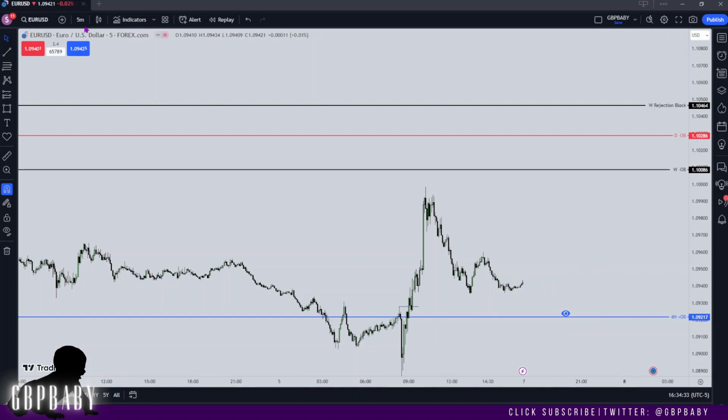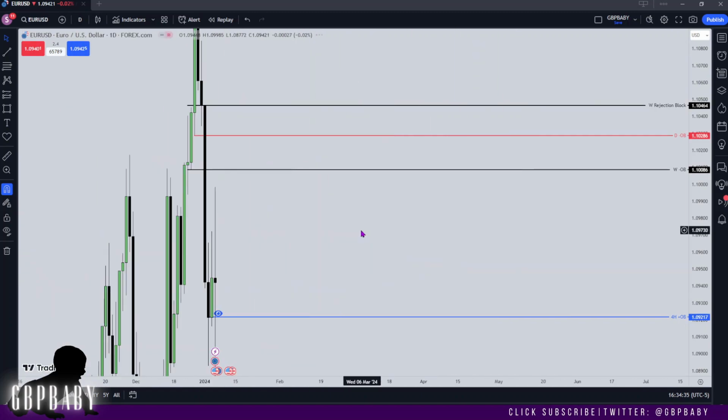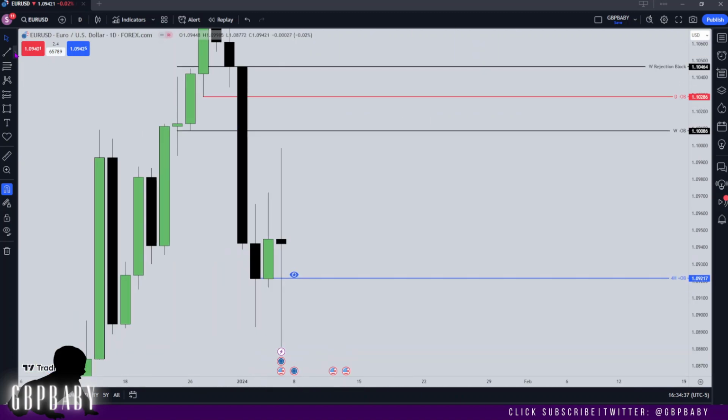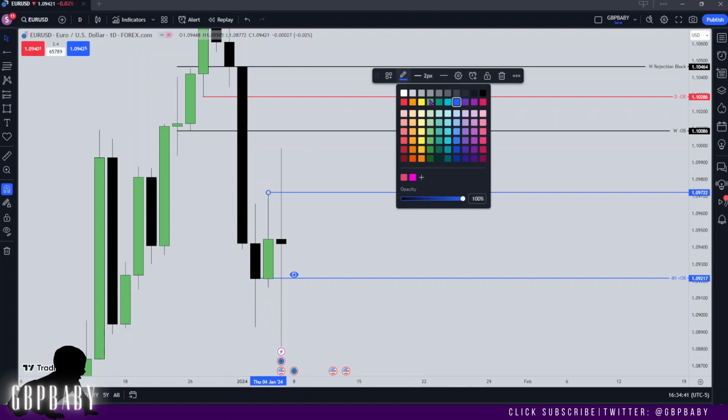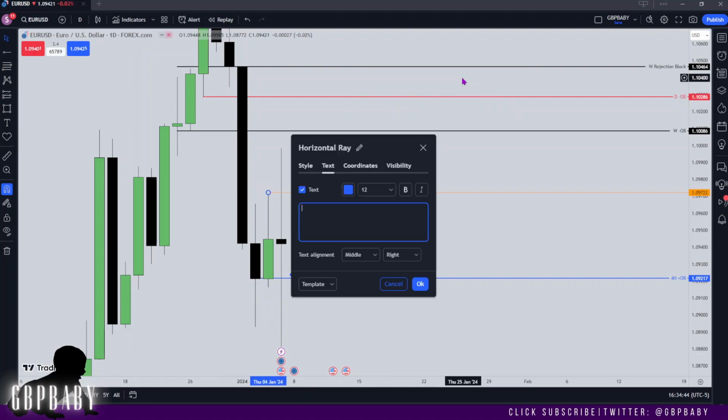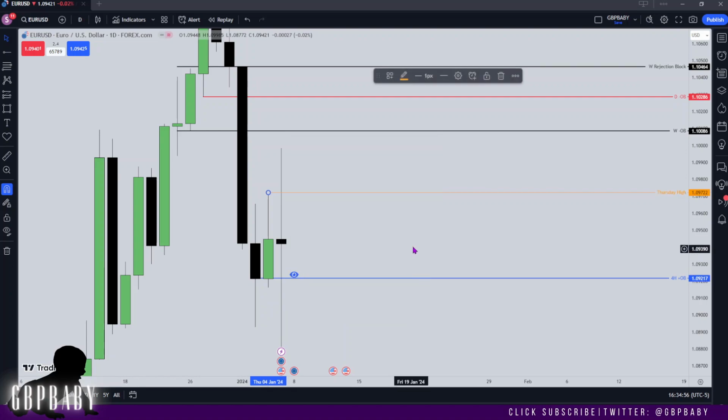One last thing to take note of is I am also looking at Thursday's high. Now, it's hard for me to explain why I'm looking at Thursday's high, but I'm seeing it as a target still, and I'll explain on the lower time frame. So let me just write Thursday high. And I'm seeing this swing high.